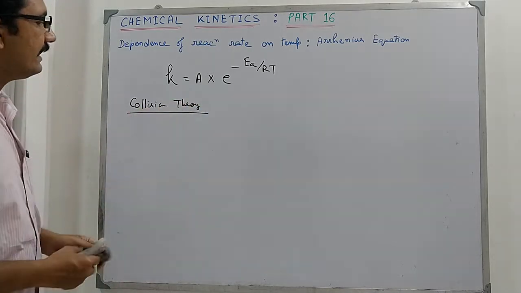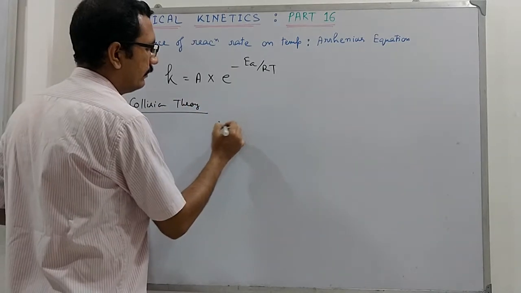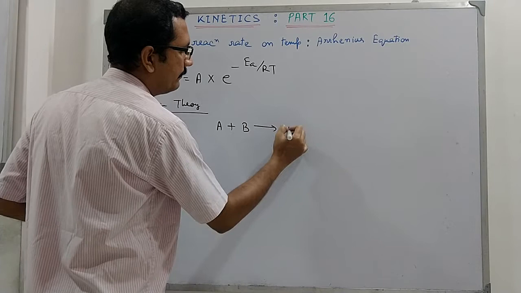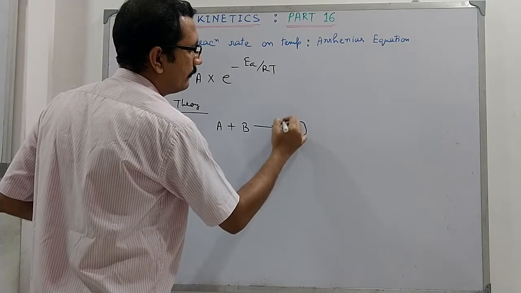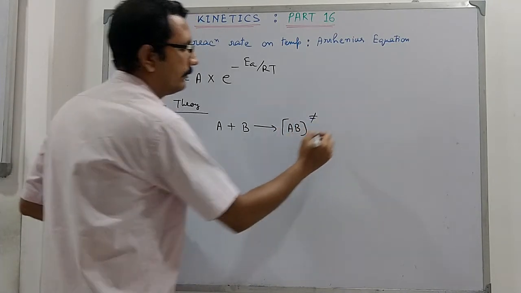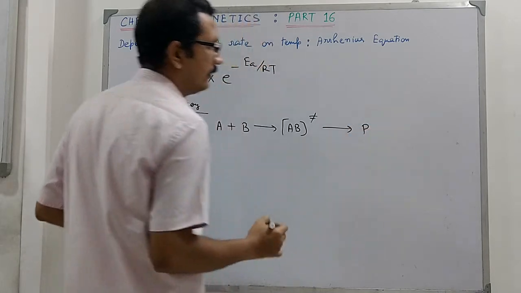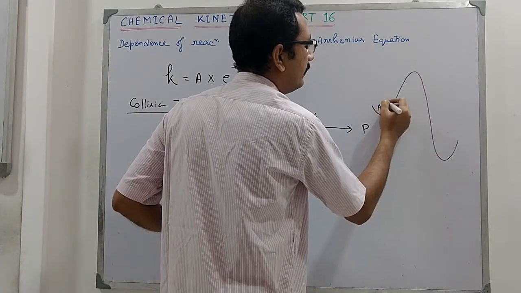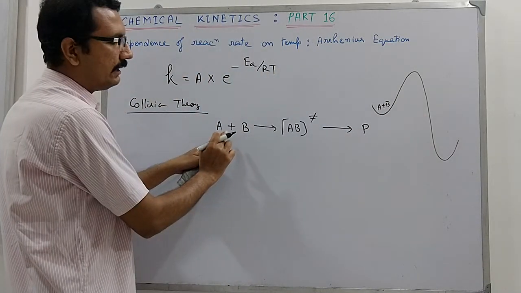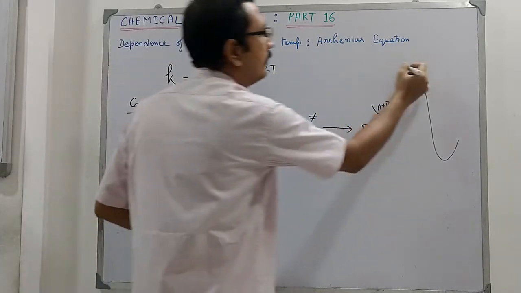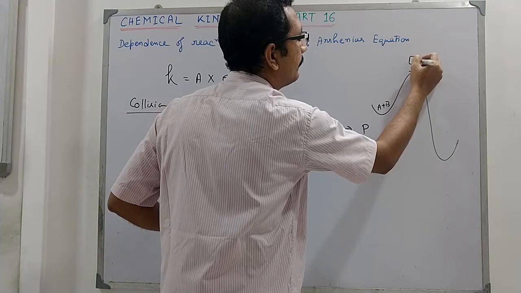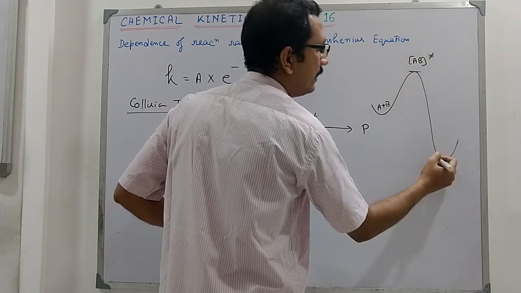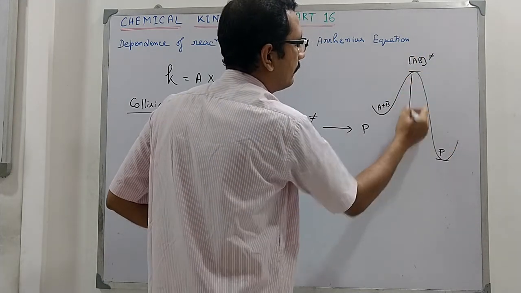Now collision theory is saying that, say there is a reaction like this. So here it is A plus B, and they are colliding with each other to form an activated complex. This is the transition state, and you have the product here.